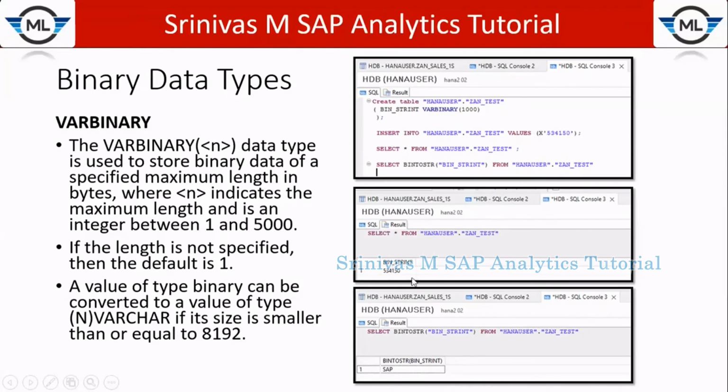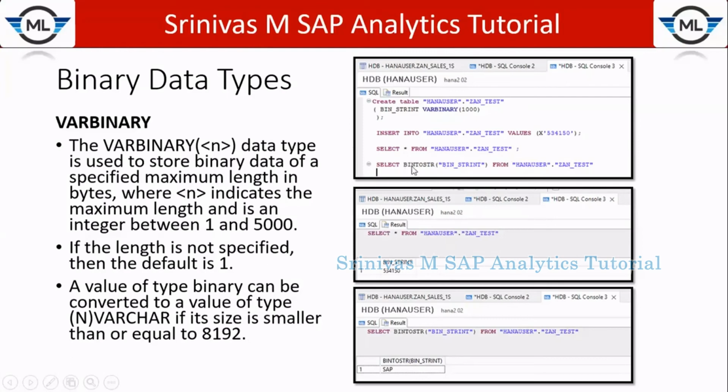The last point here is that a value of type binary can be converted to a value of type Nvarchar if its size is smaller than or equal to 8192. What it means: I wrote one select statement on the same table, where I try to convert the stored binary information into a string.